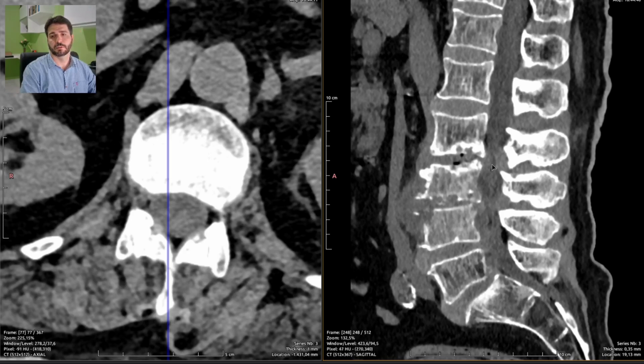And I'm going to say vertebral bodies have normal heights and marginal osteophytes. And now I'm going to describe the osteolytic lesions.